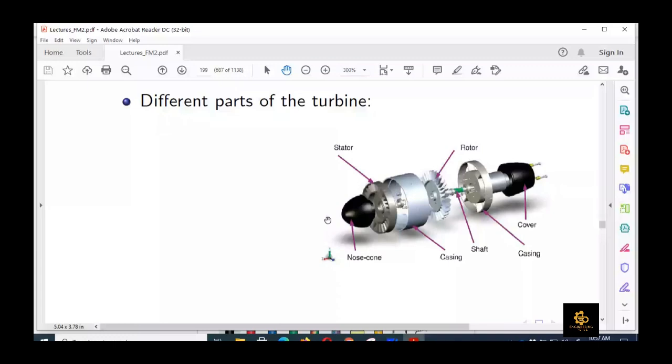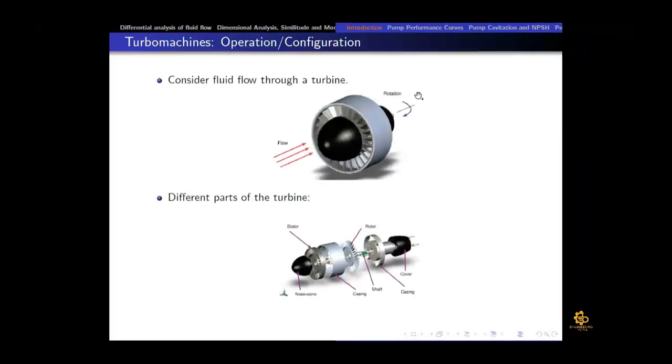Now we can show the same thing in a two-dimensional view. Okay. Here the fluid flows directly into the device in an axial direction, so the arrows shown on the left, the red arrows, show the fluid going in the axial direction, right?